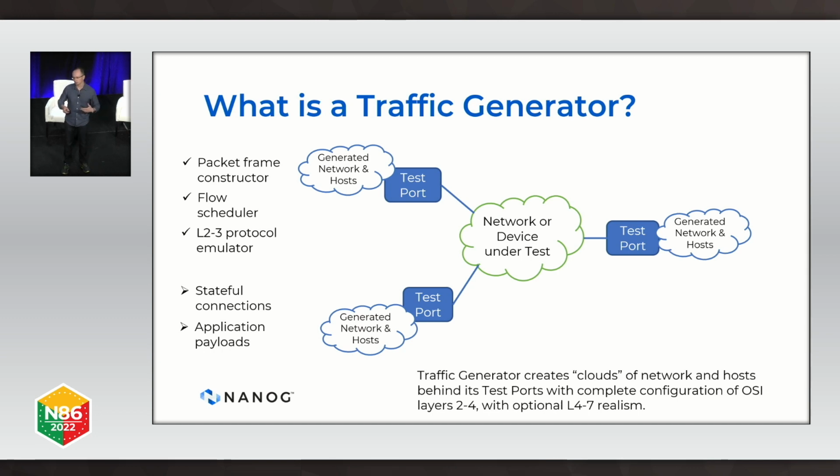They might be able to emulate stateful TCP connections, or even go into the application payload and send real HTTP traffic, SIP traffic, and so on. One of the most important parts is, of course, measuring the result of this stress test, and that's where we need the ability to poll the state of the protocol and understand the metrics of the flows that transit the device under test, to understand how many packets were lost, what the latency is, and so on.